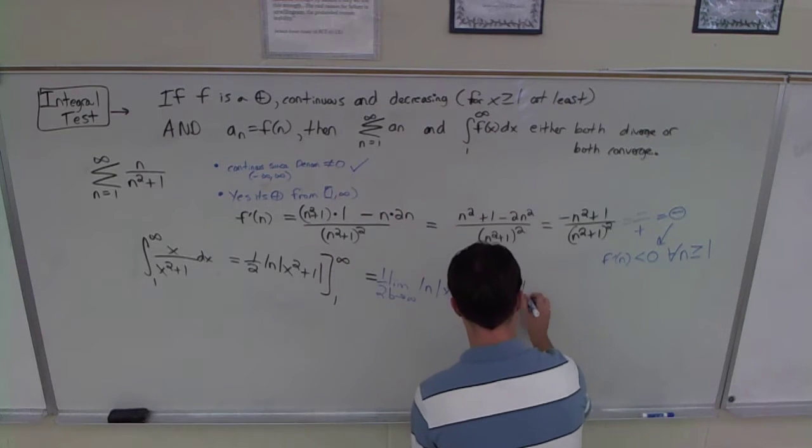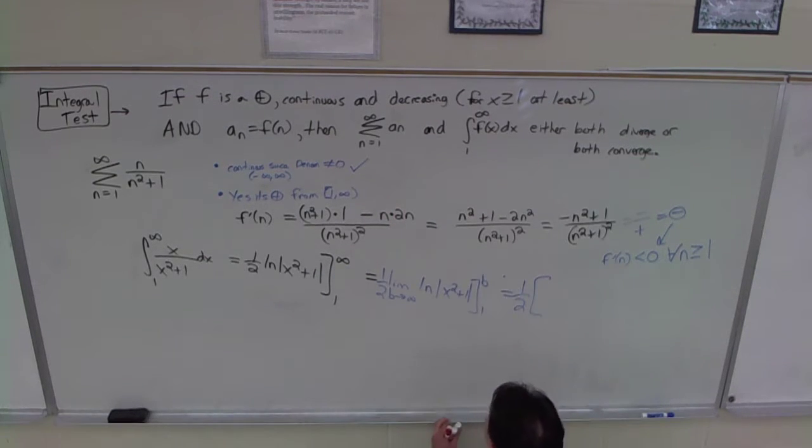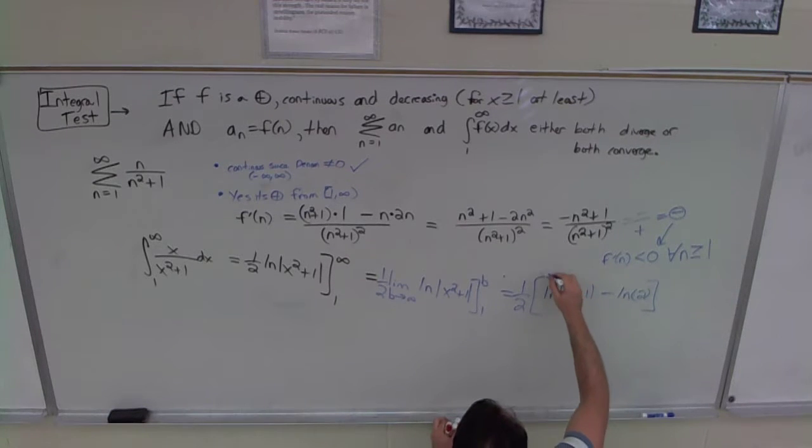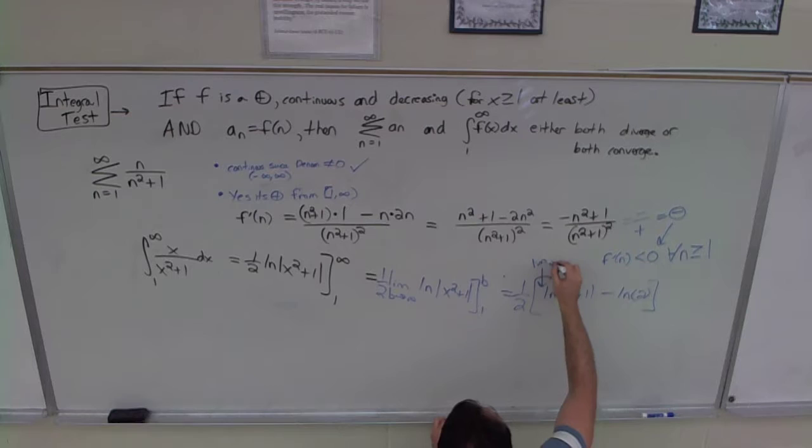So that's going to be 1/2. And now if I put b in, then I'm going to have the natural log of b squared plus 1 minus the natural log of 2, which, I don't need my absolute value bars. 2 is 2 in absolute value. And I've got a limit in front of this guy. I should have stuck it right there, right? The limit as b approaches infinity.